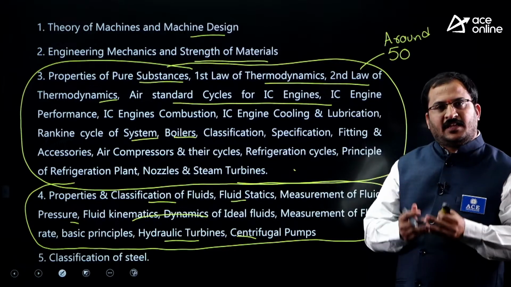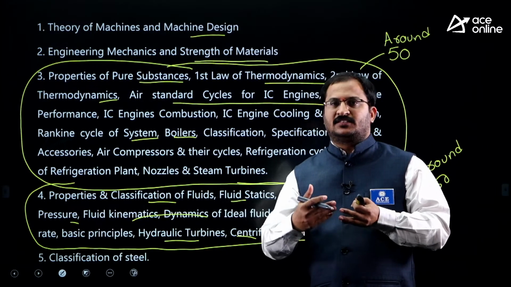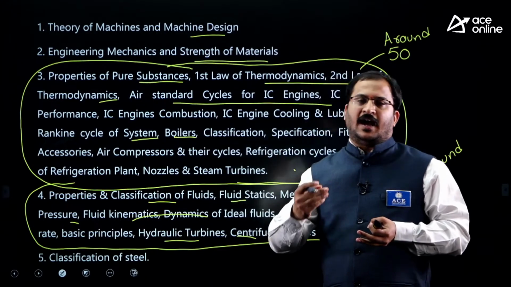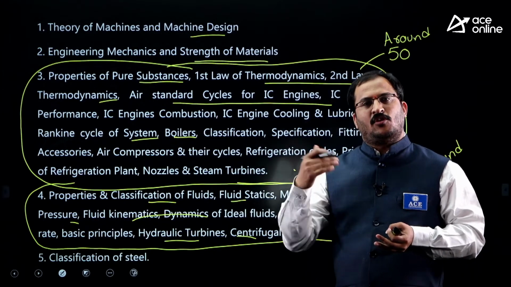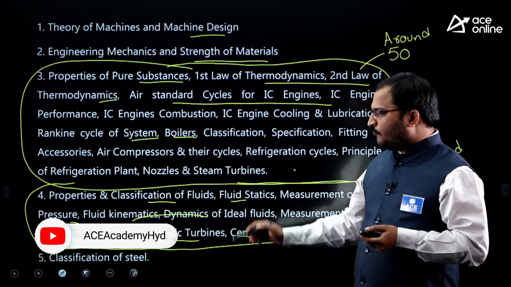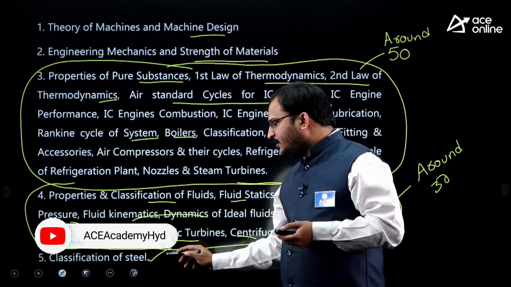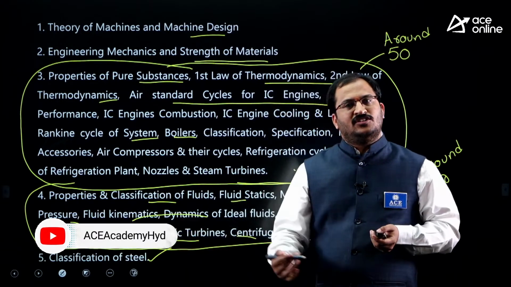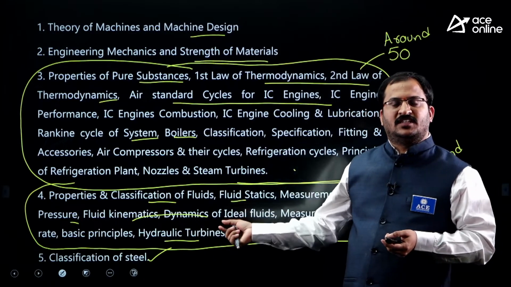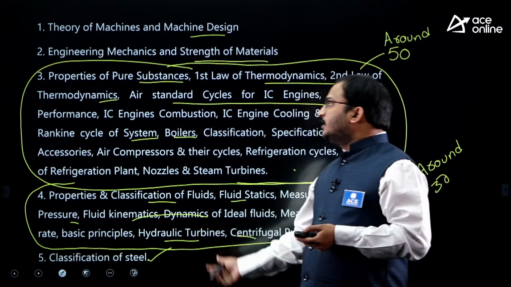But as I have shown you in the earlier slide, there are only few marks that were asked in production engineering, or sometimes negligible marks, there are no marks also. Why? Because he has given for production engineering and engineering materials simply classification of steel. So this is the syllabus that was given.